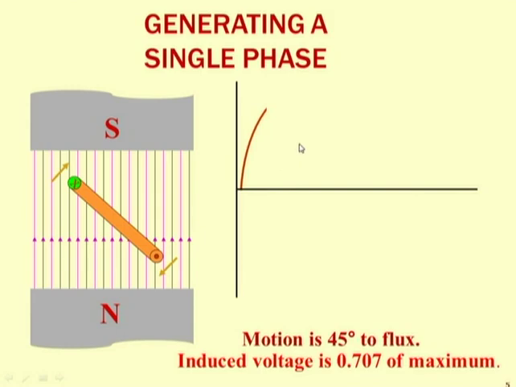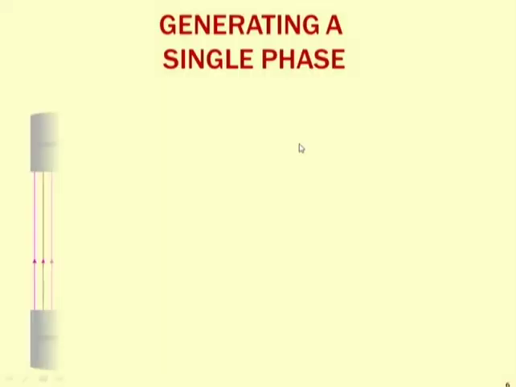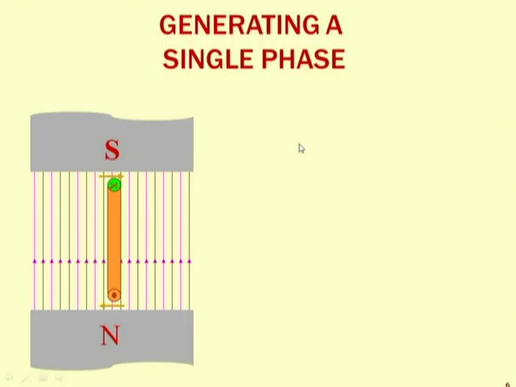Now again after 45 degrees, if I am drawing the waveform, now my conductor is parallel to the line of flux. But here you observe, the dot point is toward the north pole.